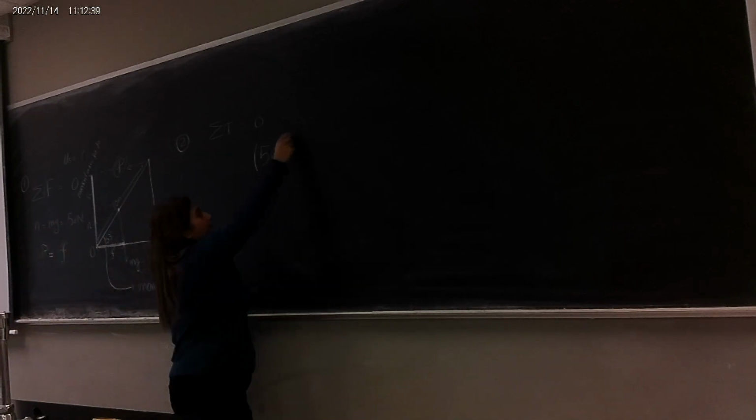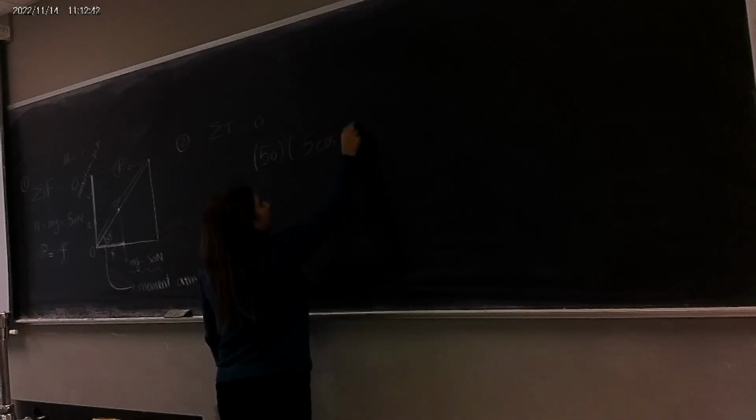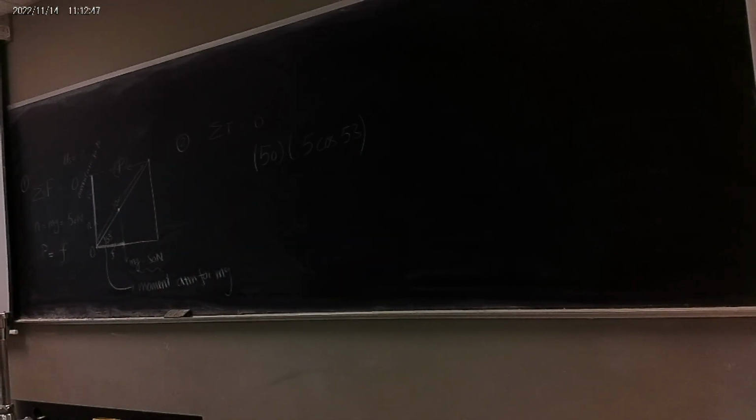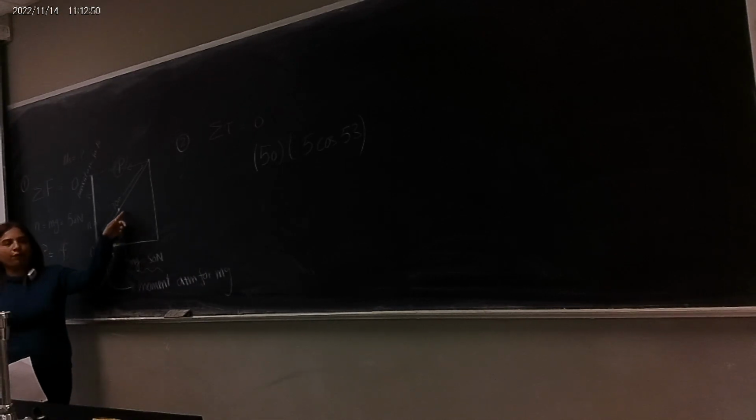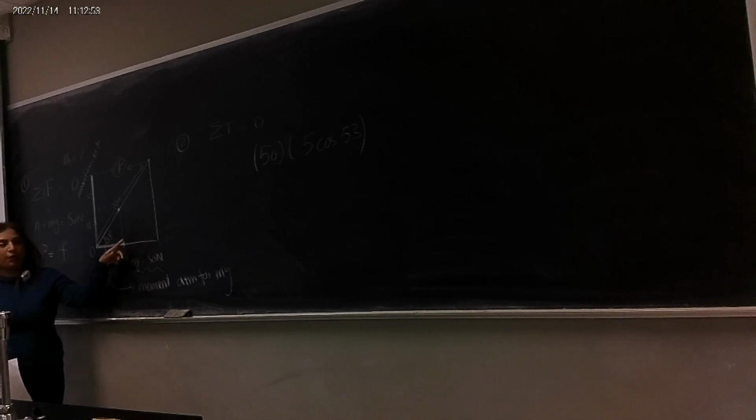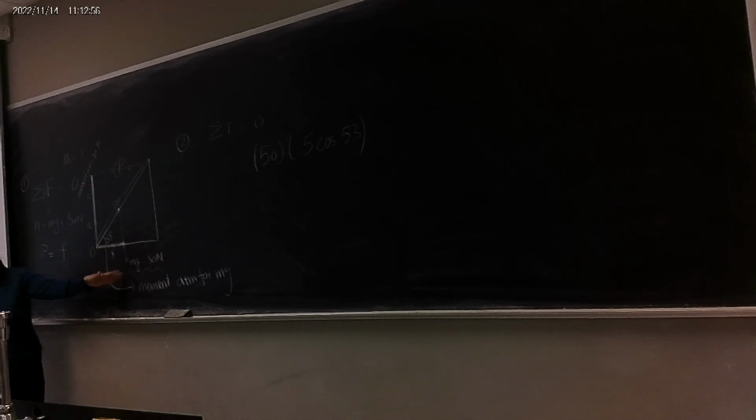Can we tell what this length is? Yes, this would be a 90 degree, this is 90, this is 5. What would be this length? 5 cosine of 53. Make sense? This vertical length would be 5 sine of 53. We are not interested in it because we are only interested in the line of action of the weight and the axis of rotation and the distance between them.